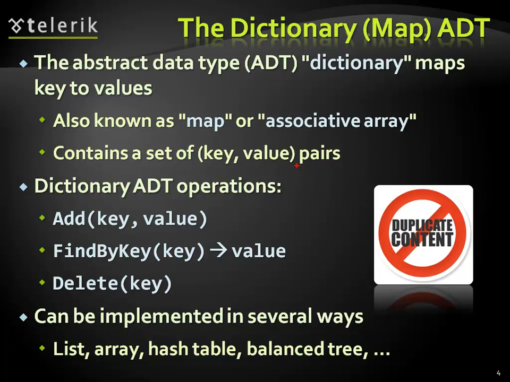So you can basically search for some values through their name. For example, we can have keys like names of people, and values, for example, their ages or more information about them. Doesn't matter exactly what.